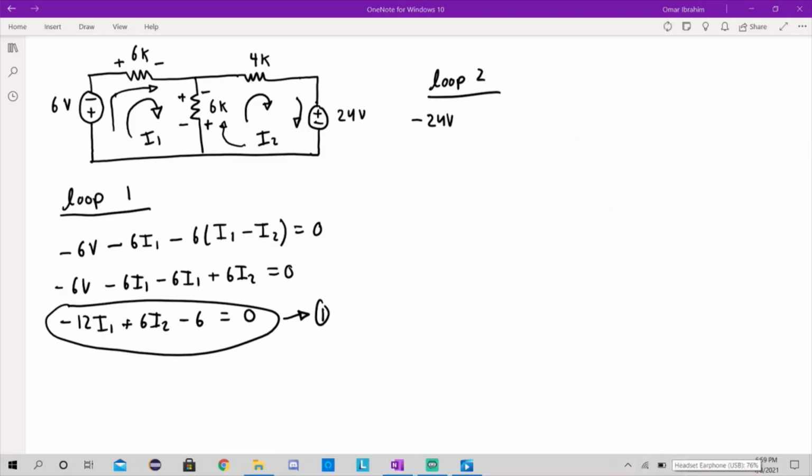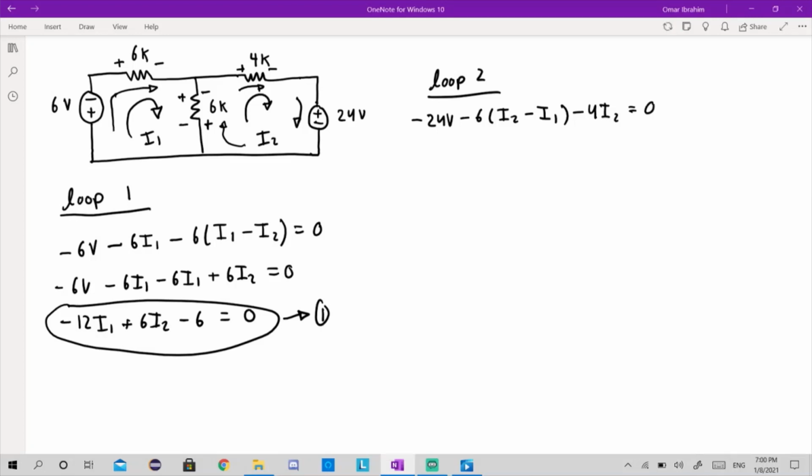So we're going to have minus 6 times I2 minus I1. Then you move up through here and you have minus 4 I2 because the polarity is going this way because it's a resistor. And you're always going to have a voltage drop across a resistor, equals 0.